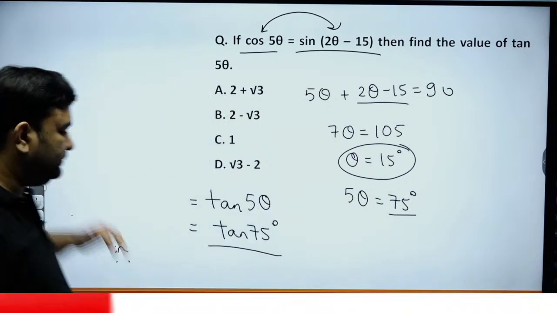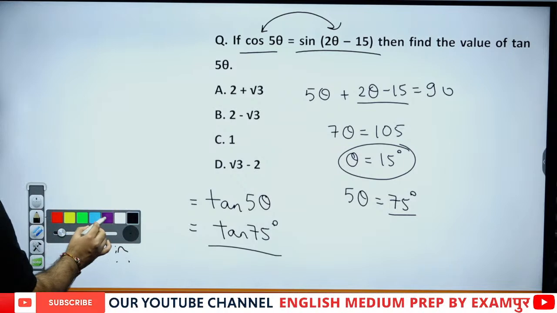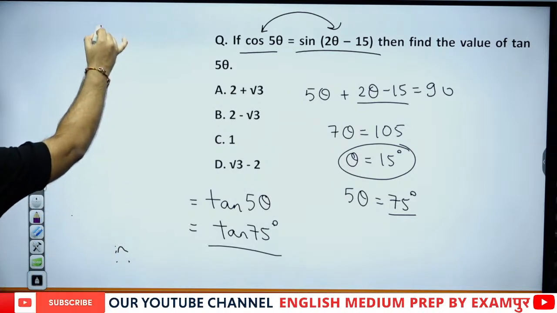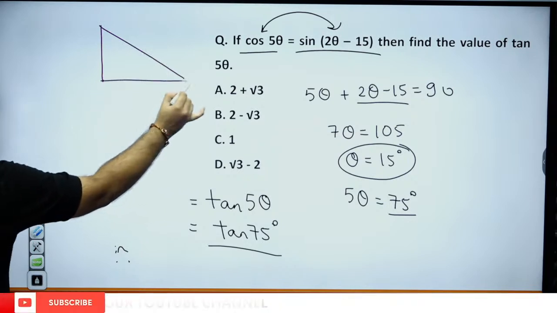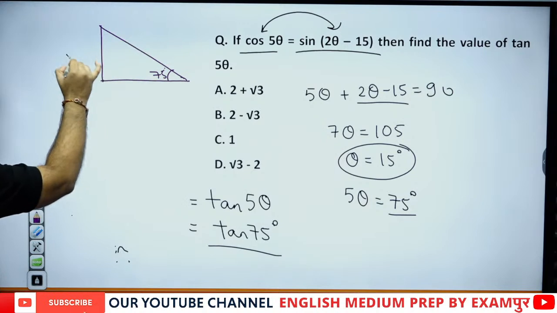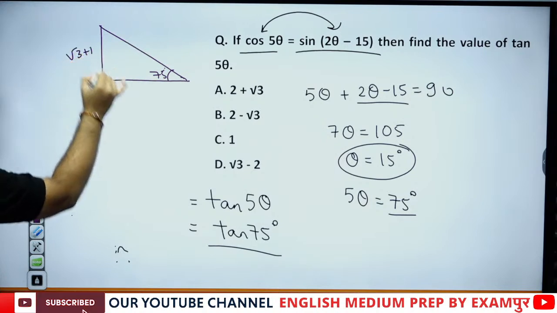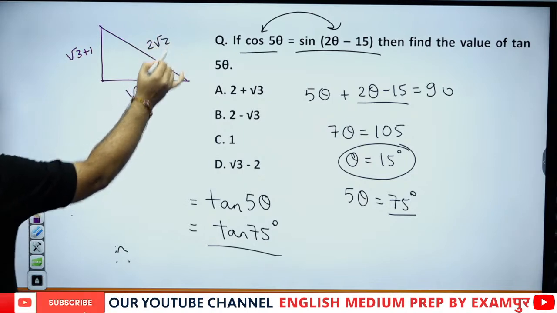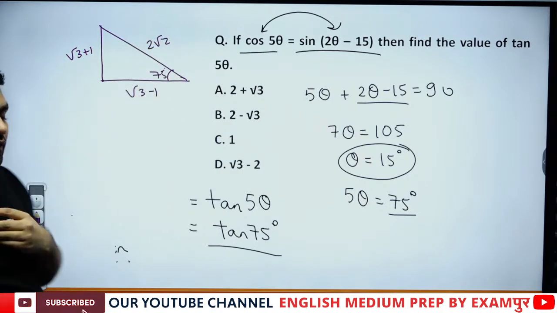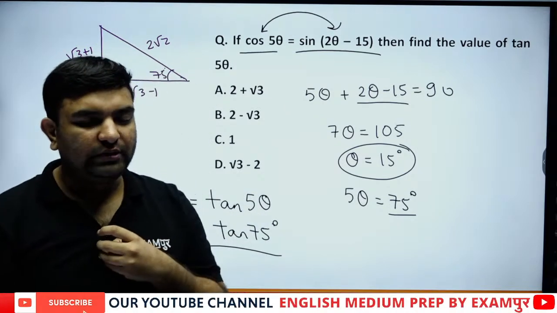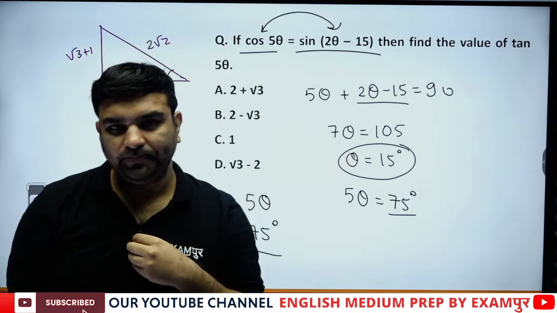Let me write it down. For 75 degree, the right angle triangle is root 3 plus 1, root 3 minus 1, upon 2 root 2.